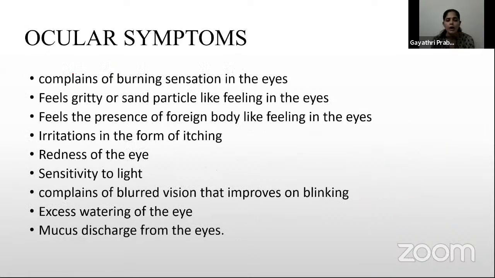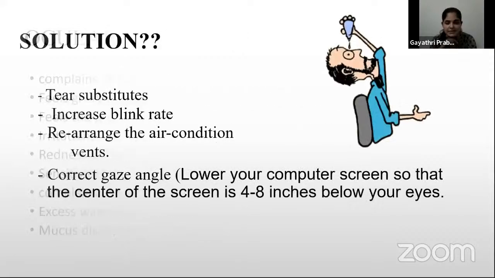Now, these are the ocular symptoms when you have dry eyes. They could also complain of sensitivity to light. They could complain of blurred vision, which improves on blinking. This is something they will typically tell, and you need to make a note of it when you're taking history, that they feel that vision is getting blurred. They blink once or twice, then it becomes clear. These are typical complaints that the person with dry eye comes with.